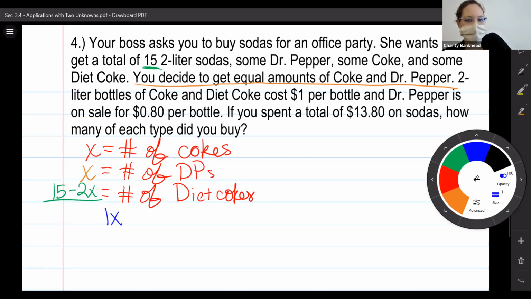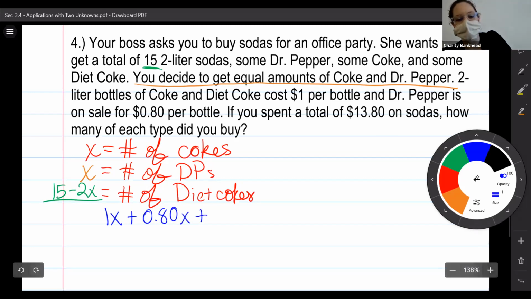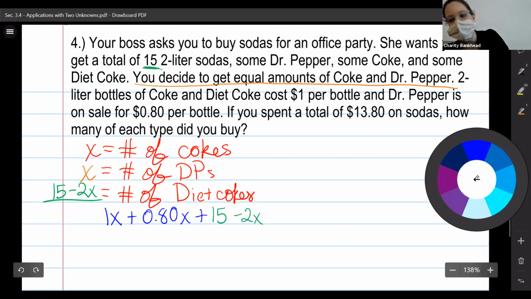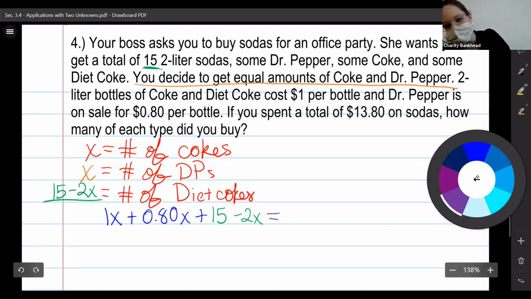And then Dr. Pepper is 80 cents. So that would be plus 80 cents times x. And then Diet Cokes are also $1. So that would be just plus 15 minus 2x. And the total is $13.80. So that equals $13.80.